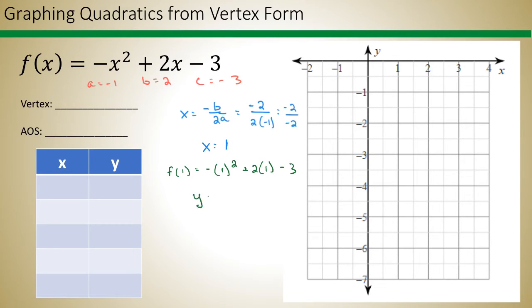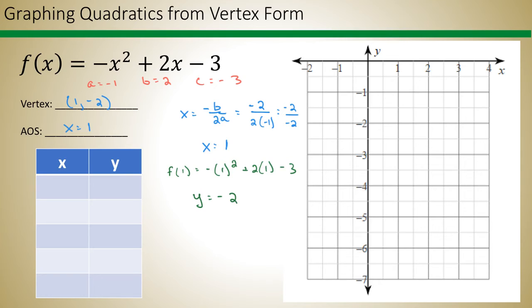So we end up with y is equal to -2. So the vertex of this function is the point (1, -2). Axis of symmetry is just x is equal to 1.